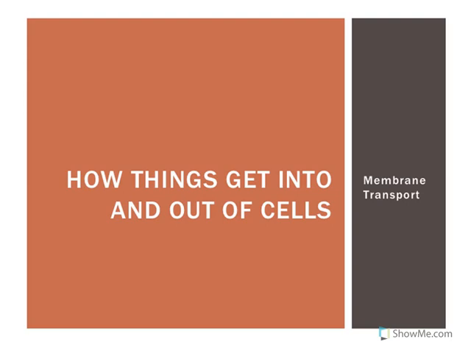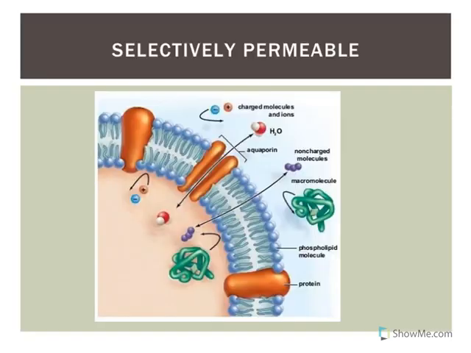What we're going to discuss in subsequent recordings is membrane transport, how things get into and out of the cells. I used the term selectively permeable. Some people will say semi-permeable, which means that it's permeable to some things but not others. Selectively permeable is a better term because, as I mentioned, in some instances it may allow things to get across and other things it won't.